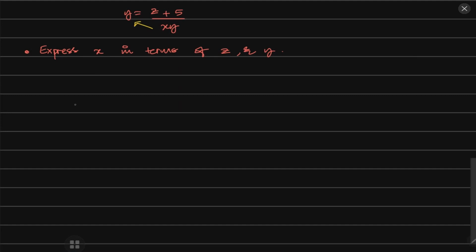You multiply on both sides by xy, or you take it to the other side. In other words, this will be x y squared equals z plus 5, and that's how you get x equals (z plus 5) over y squared.